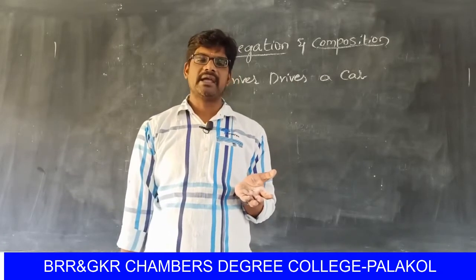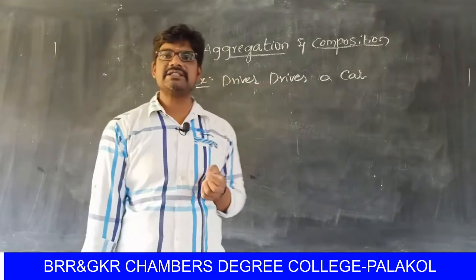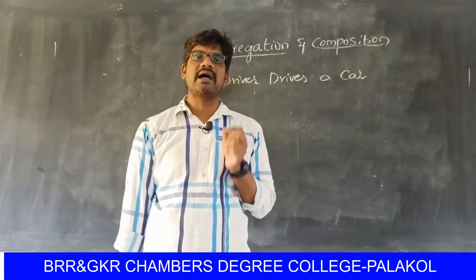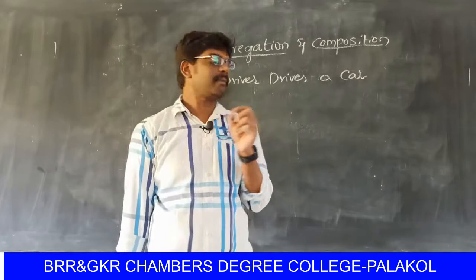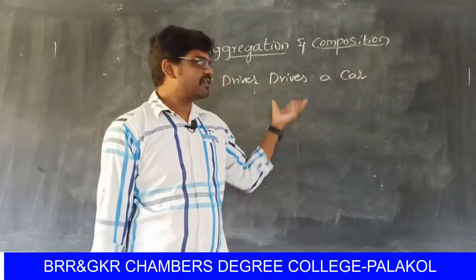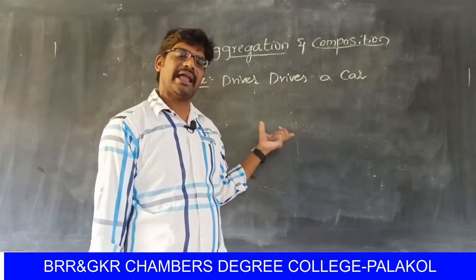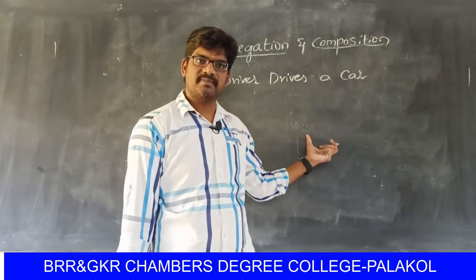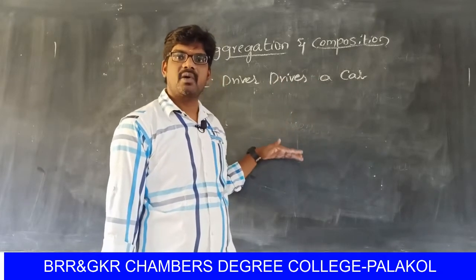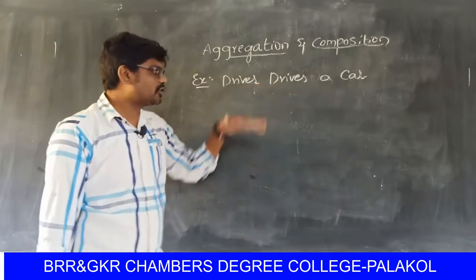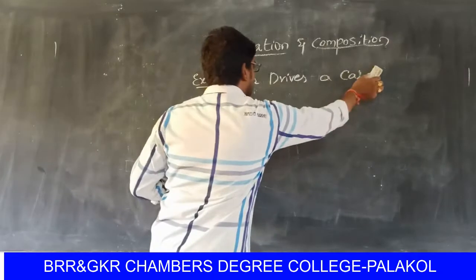Here the relationship drives is insufficient to model the complexity of the car. That means we have to use a part-of relationship. If an engine has some parts like a piston and valves, the relationship cannot exist among the relationships. So observe that the driver drives a car.